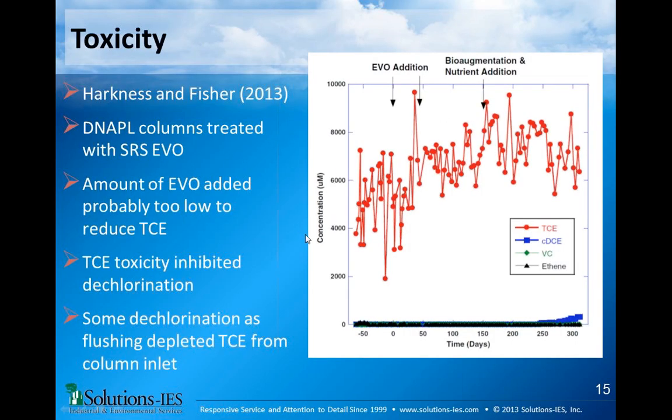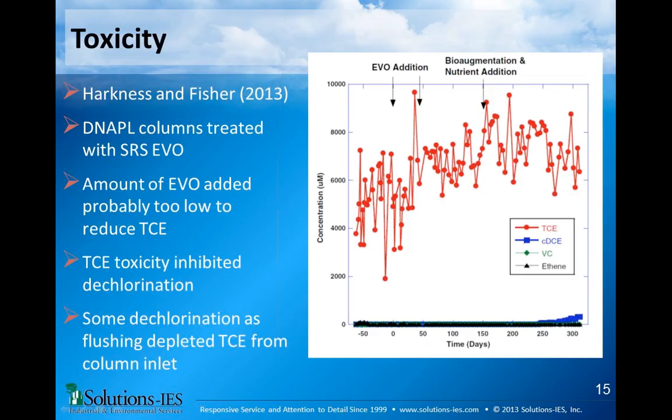Now you can see here, he did make a little bit of cis-DCE and a little bit of TCE, but that's over on this axis. He's discharging 1,200 micromolar PCE and 7 micromolar of DCE. So he's increased the effective solubility from 1,200 to 1,210.